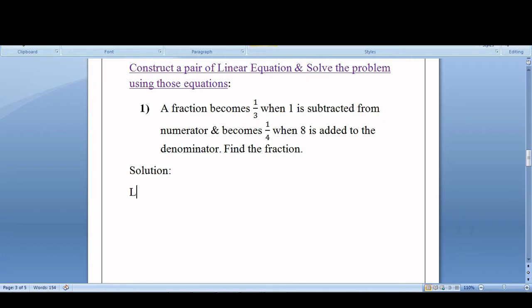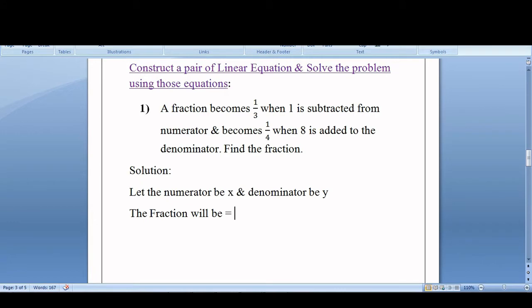So let's write, let the numerator be x and denominator be y. Then the original fraction will be x by y.